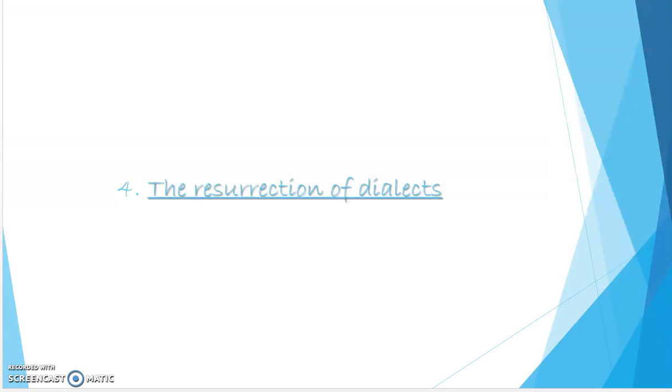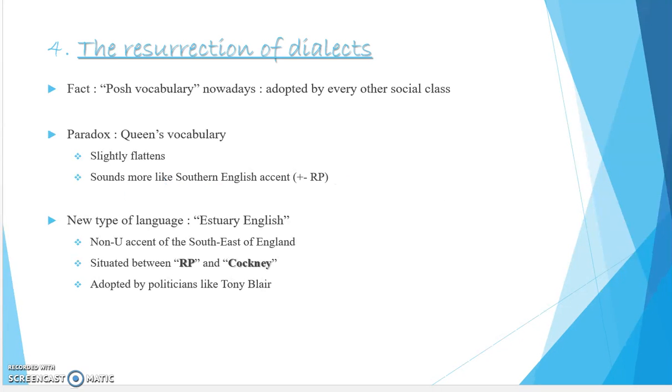Let's go now to the last part of the screencast and discover why we can nowadays talk about a real resurrection of dialects. As said before, posh RP and dialects could really mix together, meaning that nowadays every social class uses posh vocabulary as well as dialects.